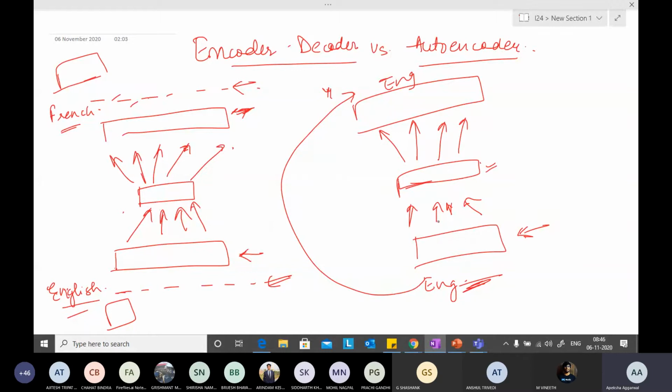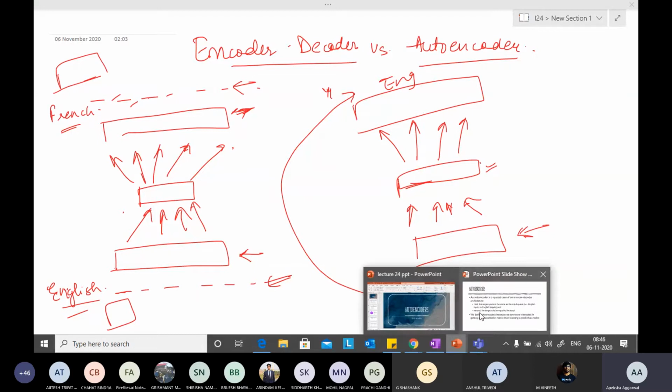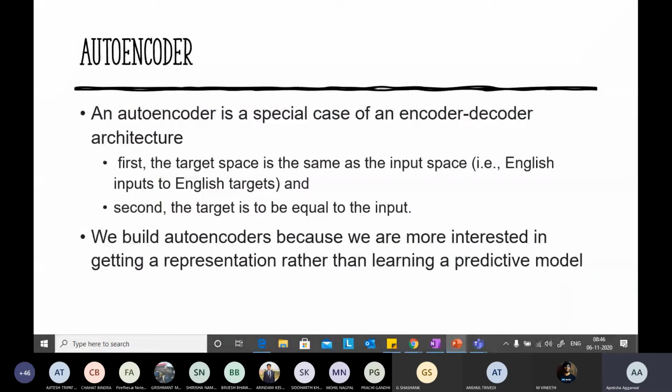We don't want much memory. We want only a compressed representation which has all the important information required to regenerate this English sentence. So we only want a smaller representation which can be used to regenerate the original English sentence exactly. So this is the autoencoder, and this is the difference between encoder decoder and autoencoders.